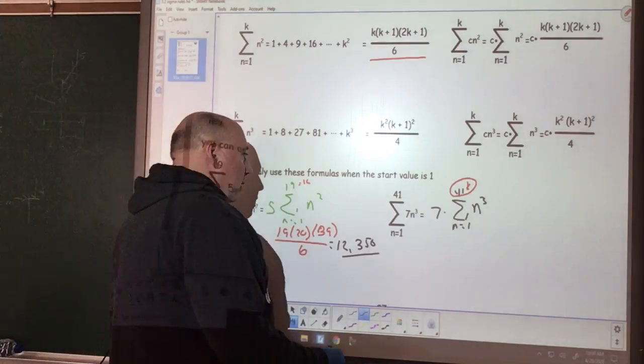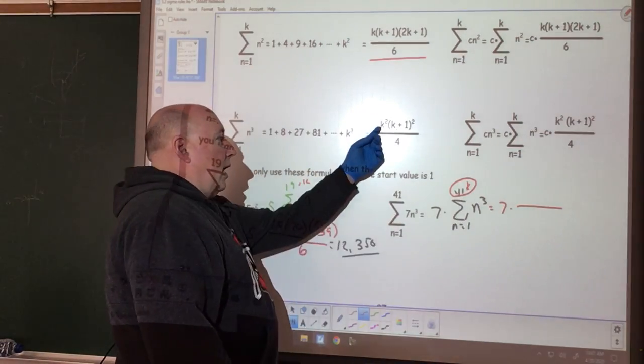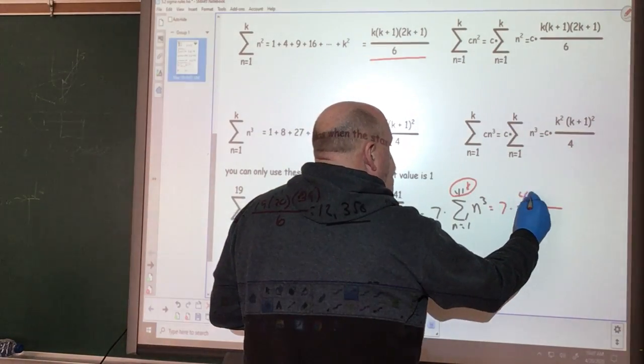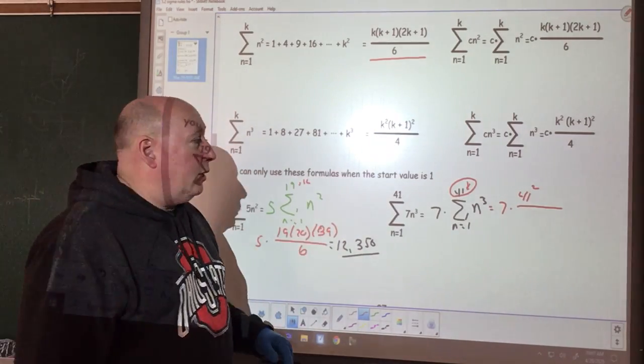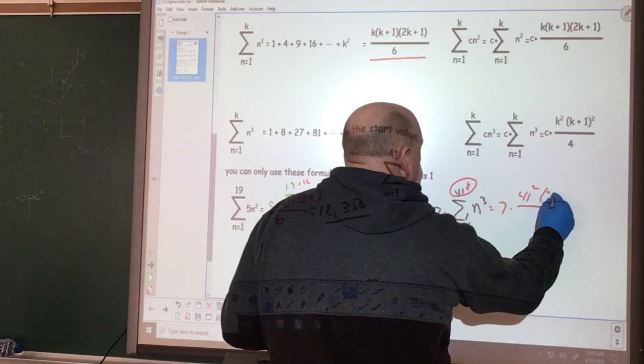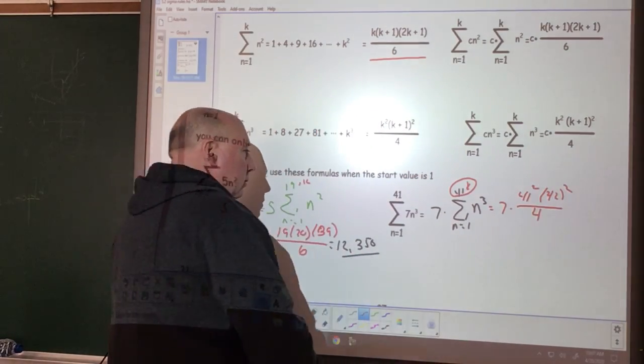So we take our 7 times k squared, which is 41 squared, times 41 plus 1, which is 42 squared, and divide this by 4.